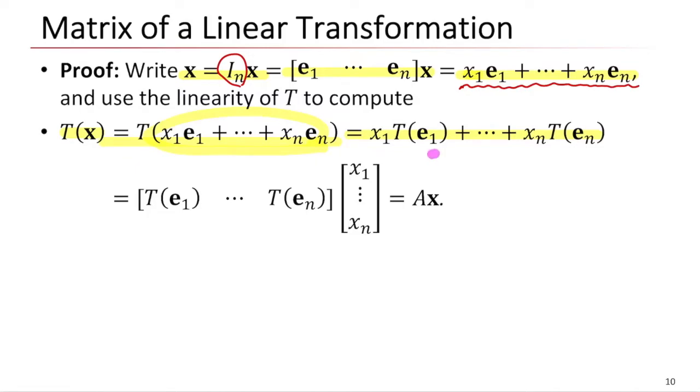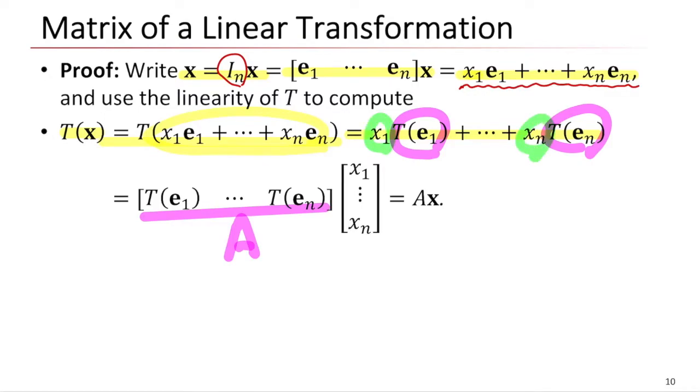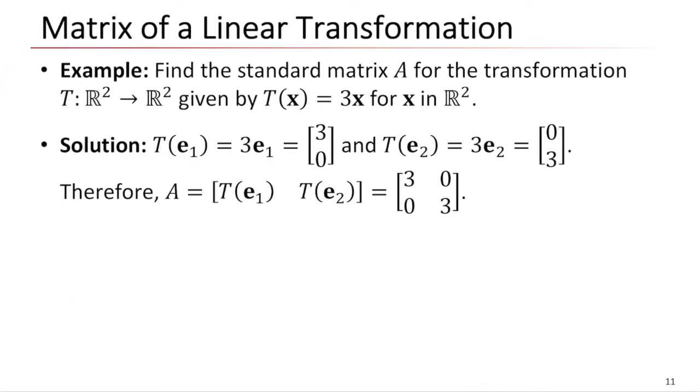So from the definition here we can make a new matrix A with the arbitrary vector x, right? So finally the transformation Tx is equal to matrix A times vector x. So this is the matrix of the linear transformation. Okay, here are some examples.